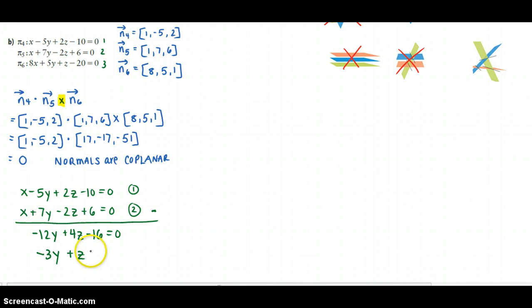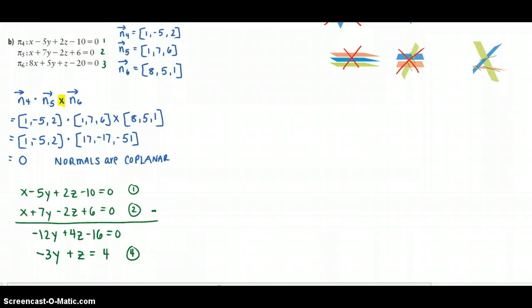And I'll move the constant over to the other side. I'm going to call this equation 4. It has two variables in it. So I'm going to do the same thing now, eliminate x, using equations 2 and 3, so that I'll have another equation with two variables.